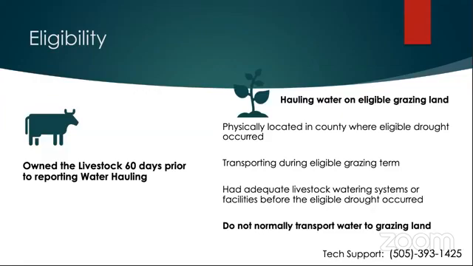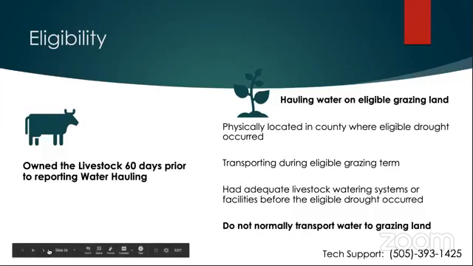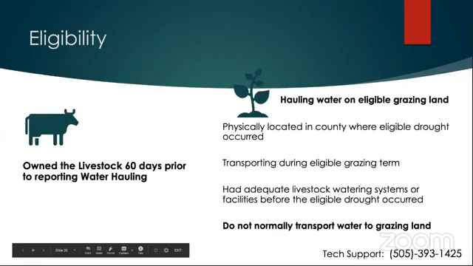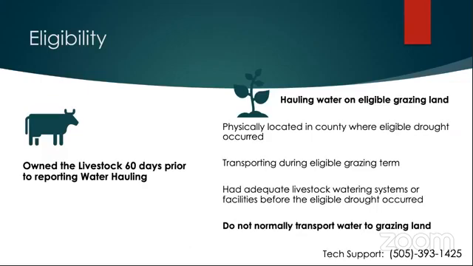So it gets a little bit tricky sometimes if you've got a really big pasture or a pasture that's in multiple counties. Whenever you are reporting your water hauling, please provide all this information to your county office. Like I said, you've got to be transporting during the eligible grazing term. So if your permit isn't year-round, we can only pay you for the time of hauling water during that term.